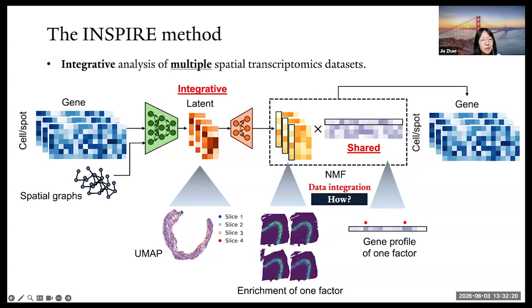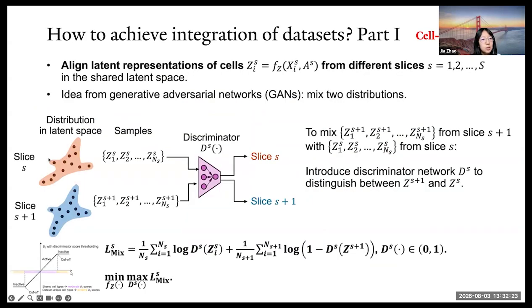You can imagine that each section forms a data distribution: section 1, 2, 3, until S. The strategy we introduce is to focus on one pair at a time, because it's really difficult to correct multiple sections at the same time. So suppose we focus on section S and section S plus 1, two adjacent sections, each forming a data distribution in the latent embeddings.